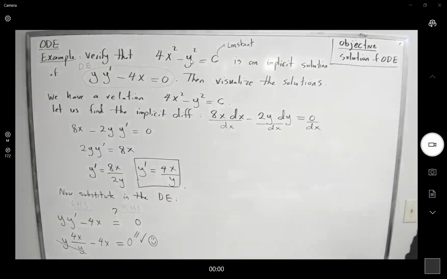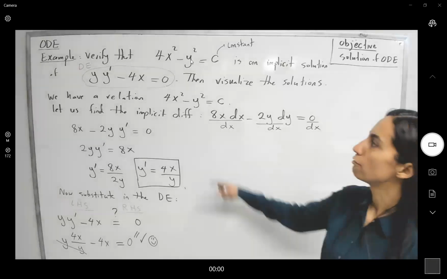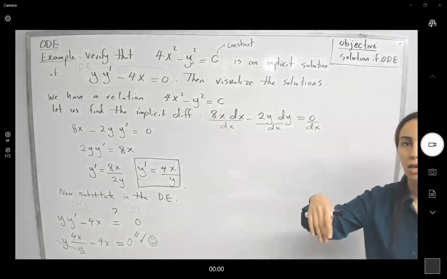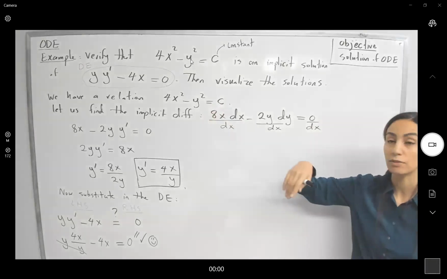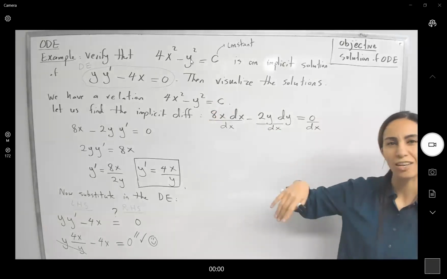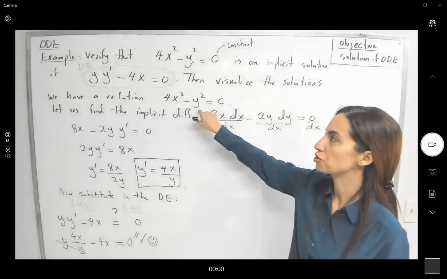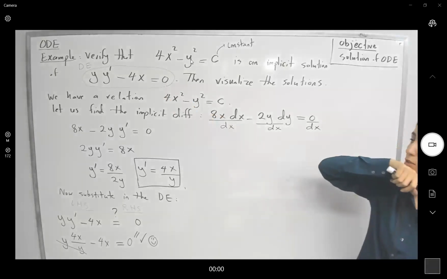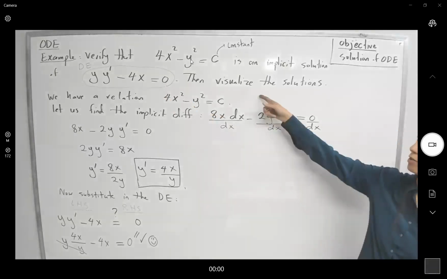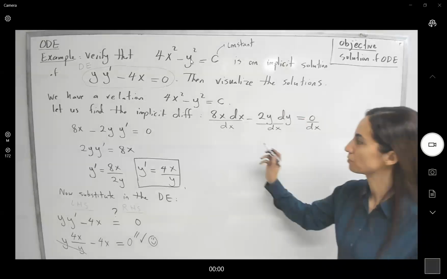Okay. Now, if you write y explicitly in terms of c and x, then using basic algebra, you can double check that it satisfies the relation. Now, how do you visualize the solution?